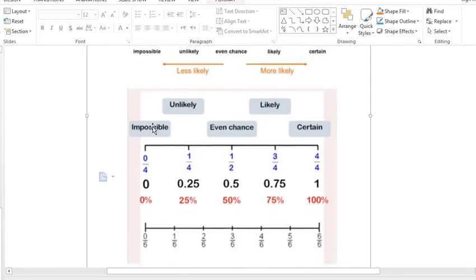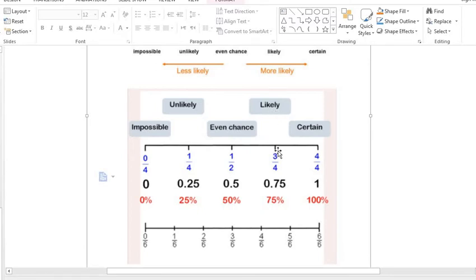Okay, here impossible, 0 over 4. In the number line, 0 over 4 equals 0. And here 0%. Impossible, 0%. Unlikely, 1 over 4, 0.25, 25%. Even chance, half, 0.5, 50%.